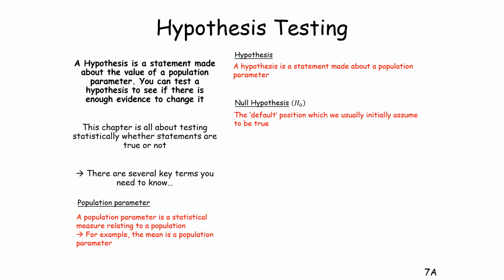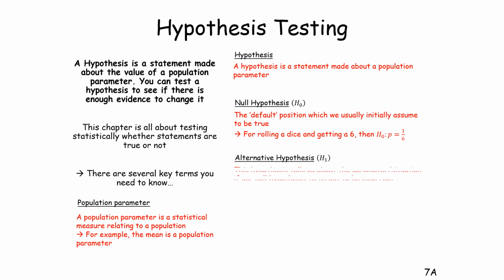So this is the null hypothesis. If you flip a coin, the null hypothesis would be that the chance of it landing on heads is 50-50. If you're rolling a 6 on a die, the null hypothesis would be P equal to 1/6.